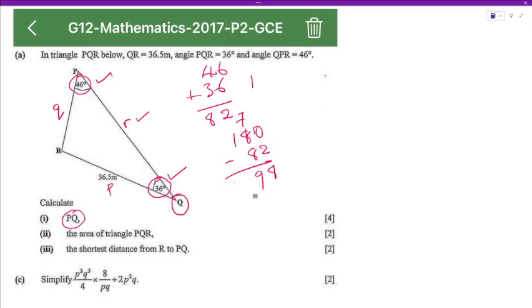Let me put it in bold and also increase the size a little, then drag it to this side so that I can put it right here. So our angle there is 98 degrees. For the symbol for the angle, I don't think I'll be able to write it down, so we can just proceed like that.